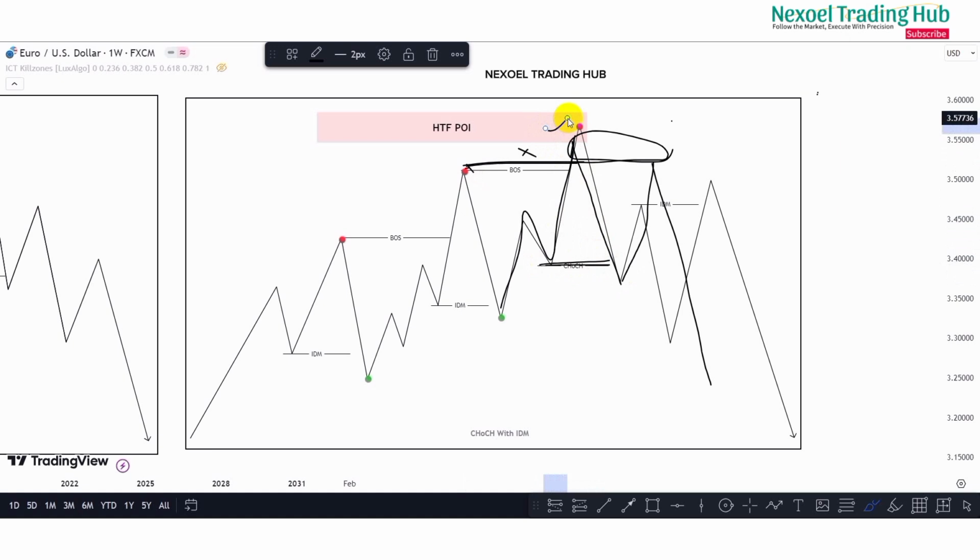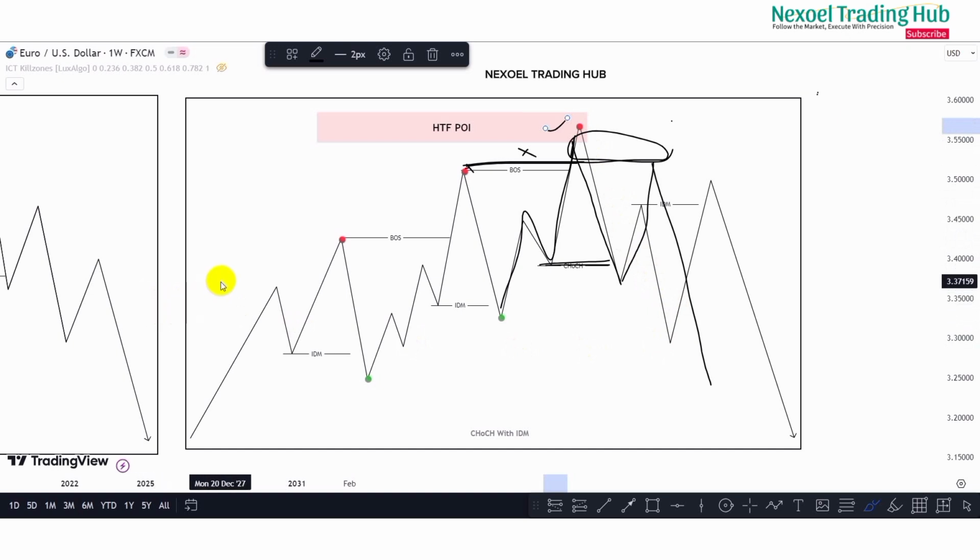So we do not need to wait for the creation of the inducement, because we already have a grab of liquidity here. So we do not need to see price creating a form of liquidity and then returning to raid the liquidity before pushing to the downside. So this is the form of CHoCH entry models when it comes to looking at it from the perspective of the market being bullish and then trying to lead to a reversal, which is going to be a bearish market condition.